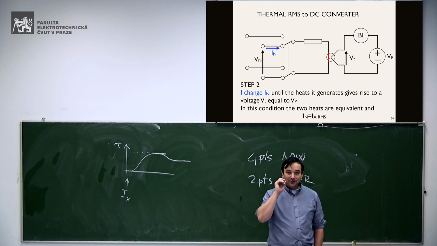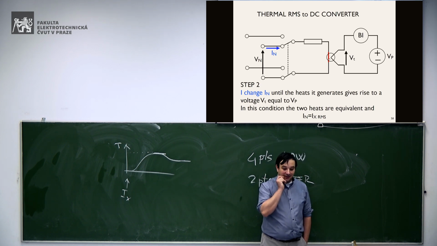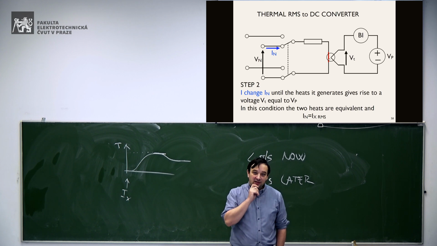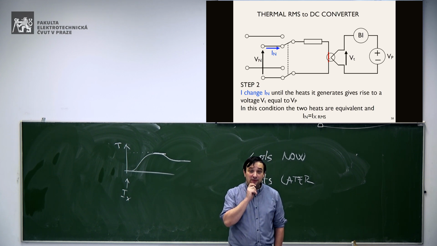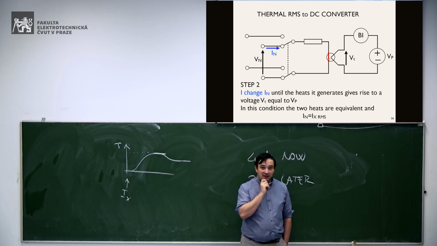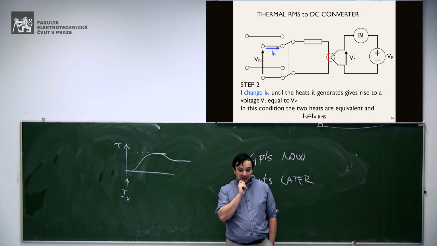I will try to give you a hint. Try to draw a graph with the amount of heat that you produce by injecting a current in a heating element, in a resistive heating element, okay?